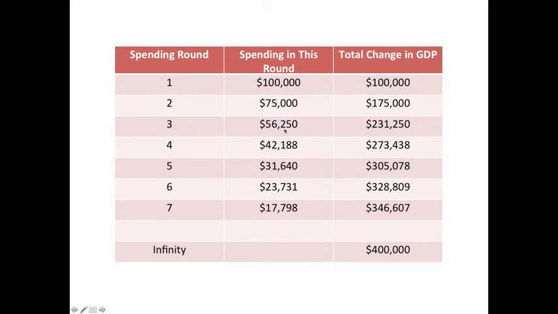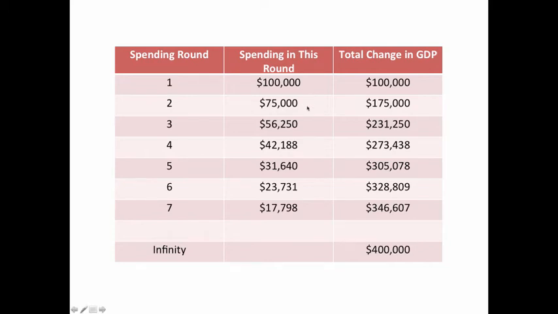That creates more GDP in the economy, adding the $56,250 to the original increase from round 2. Now we have $231,000 and change. This whole process keeps going. At every round, we're spending more money, which increases output in the economy, which also increases income. And that change in income then creates a further level of spending in the next round.